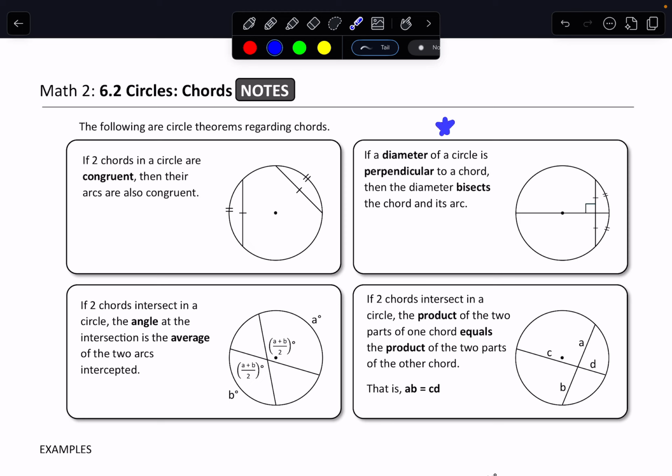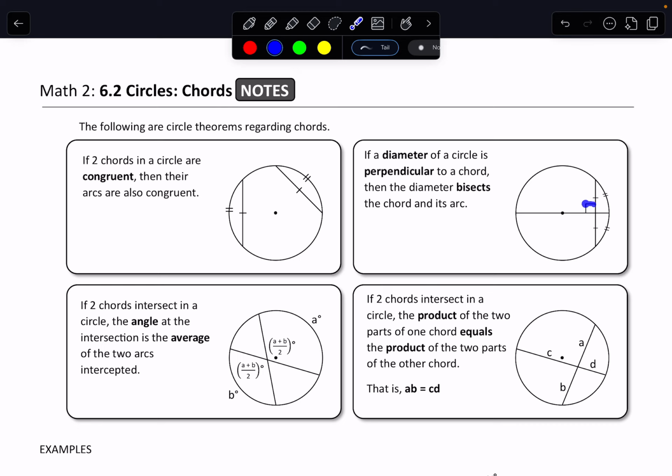Relationship number 2. Over here on the right, if a diameter of a circle is perpendicular to a chord, so you've got the diameter right here in blue, and it's perpendicular to this chord, what that tells you is that the diameter is going to cut the chord in half, and it's going to cut the arc in half.